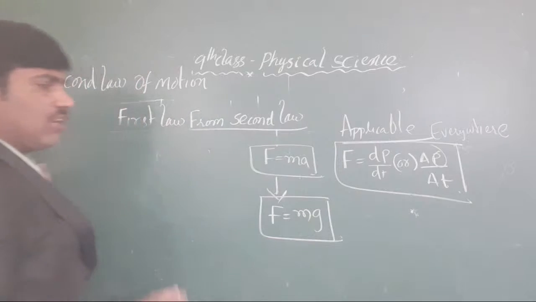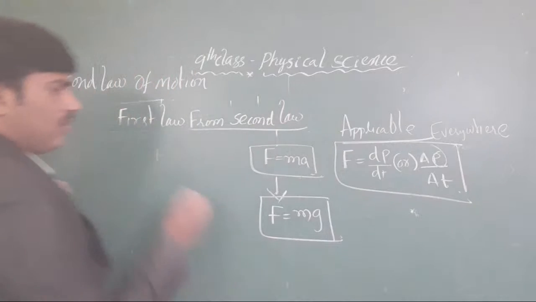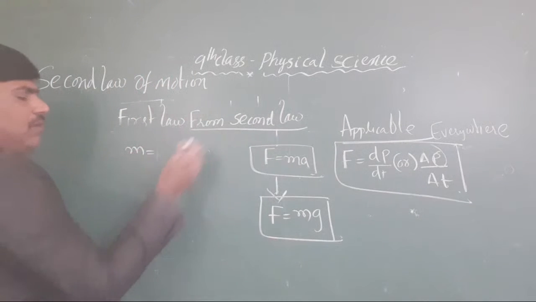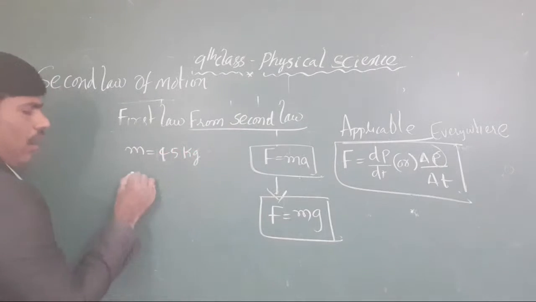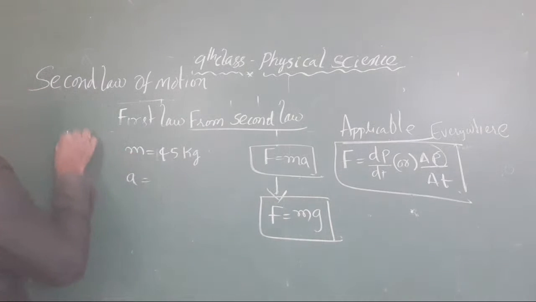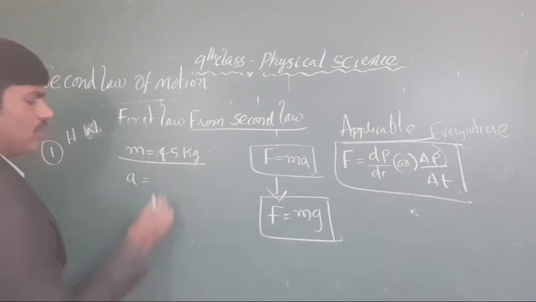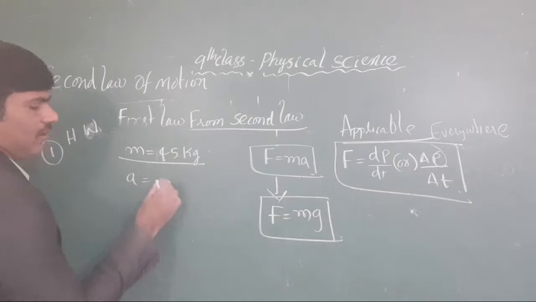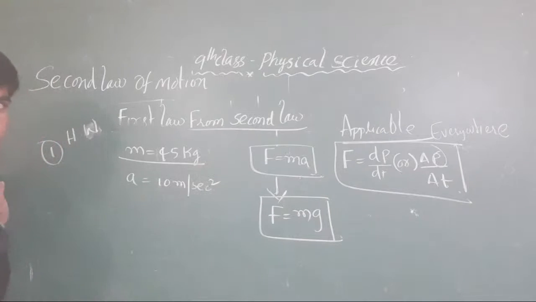Suppose one question I am giving for you. Homework question. Mass of the body is 45 kg. Acceleration of the body is 10 meter per second square.